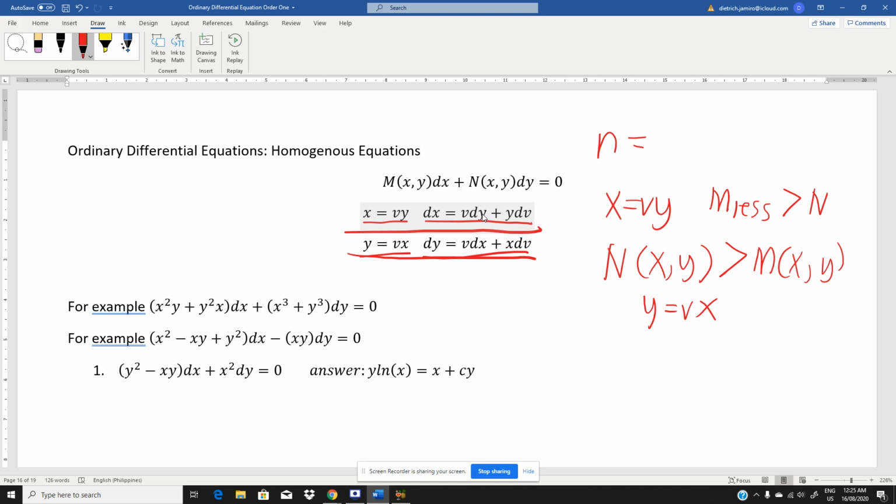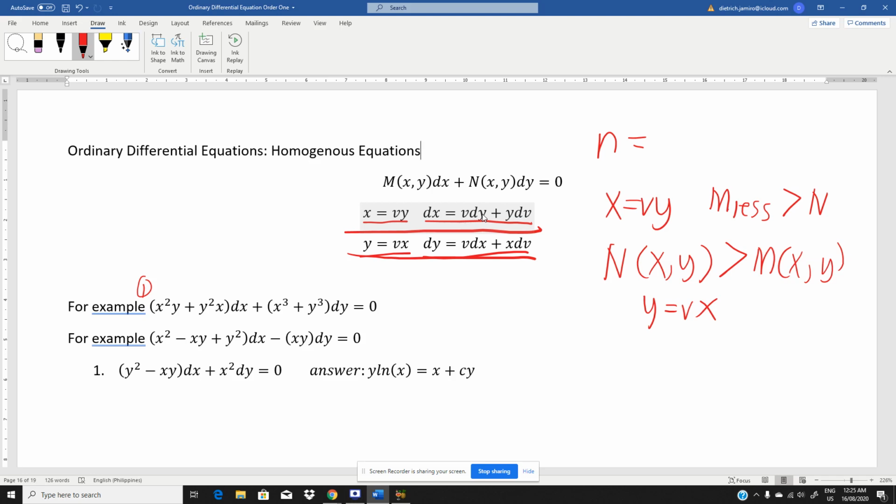By the way, the trick is that you will know the given differential equation is homogeneous if each term of the equation has the same total degree n. For example, (x squared y plus y squared x) dx plus (x cubed plus y cubed) dy = 0.